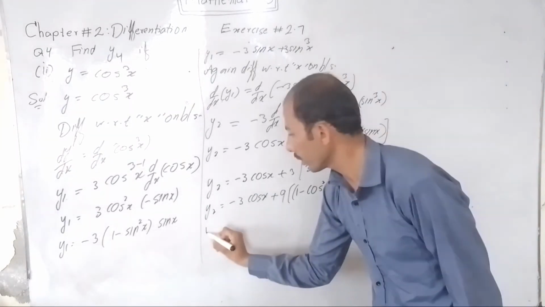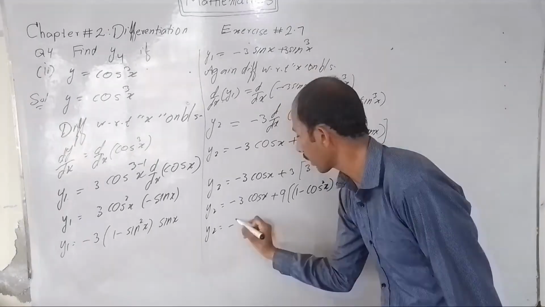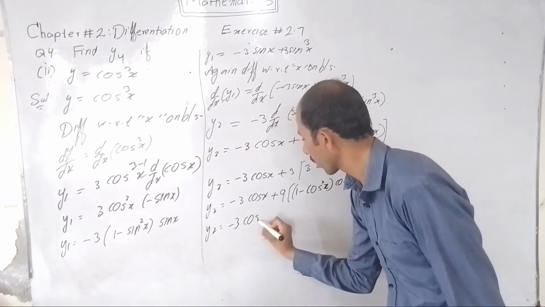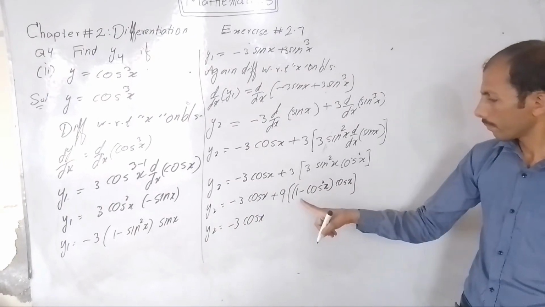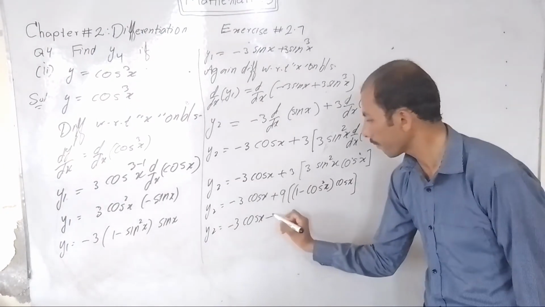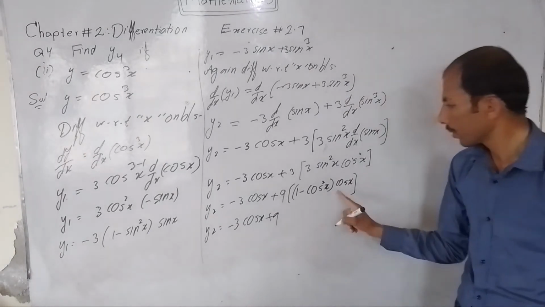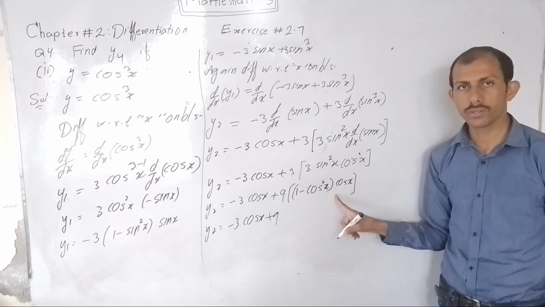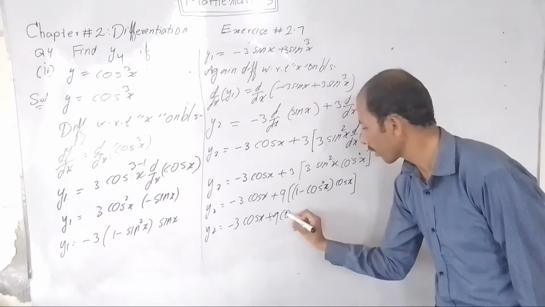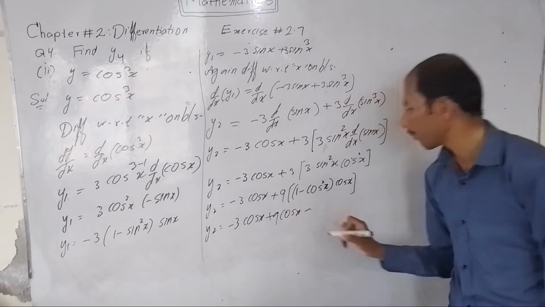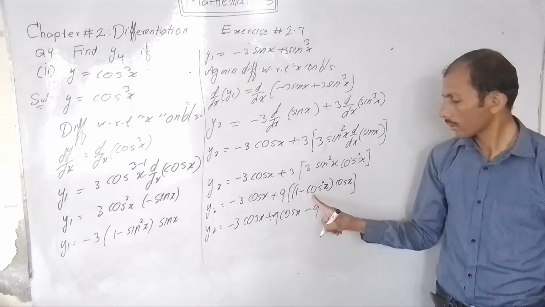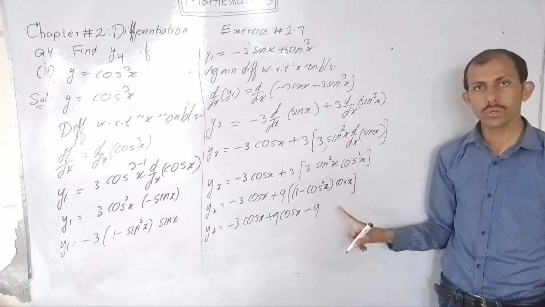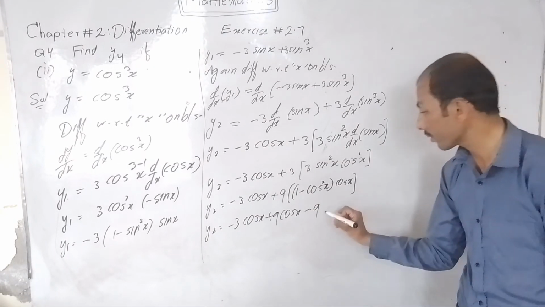So y2 is equal to minus 3 cos x plus 9, 1 multiply cos x, minus 9 ones are 9 cos square x into cos x, cos cube x.